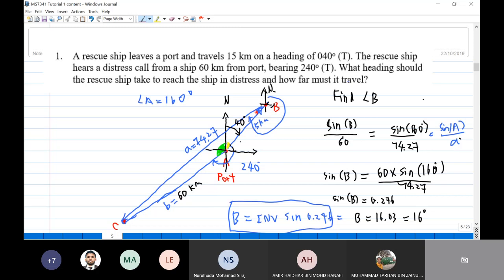So sine B over 60, sine B is opposite side 60, that is side B, right?